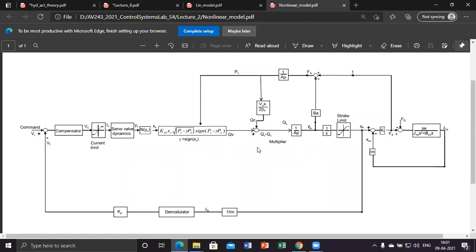You remember that equation. So we are effectively subtracting the compressibility flow from the total flow to get the load flow. Once we get the load flow, divide by AP to get the relative velocity of the piston with respect to the cylinder, XA dot.